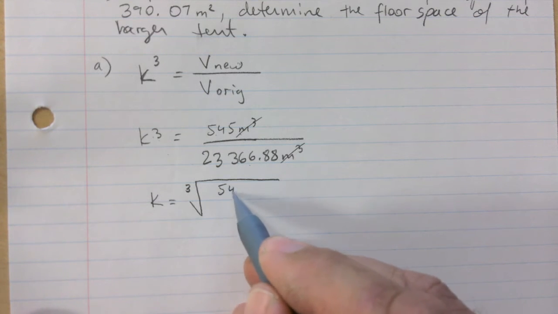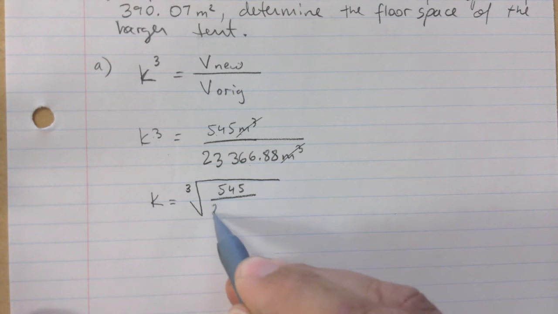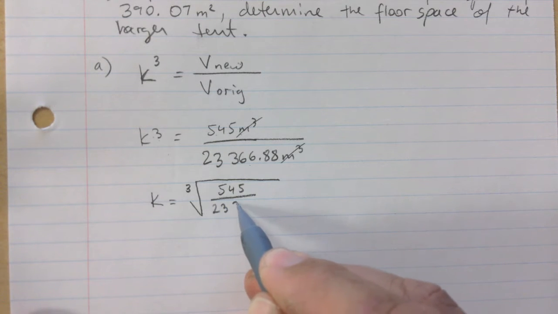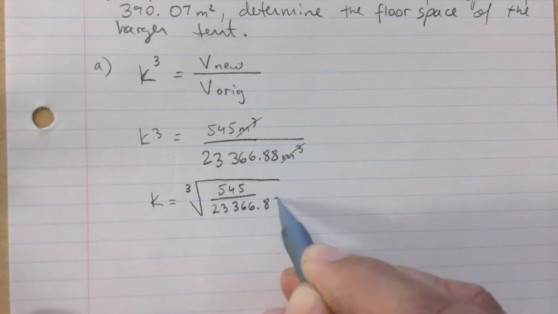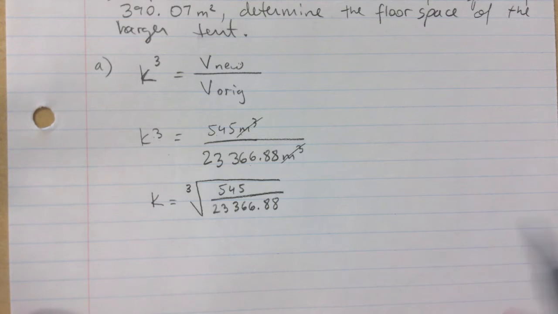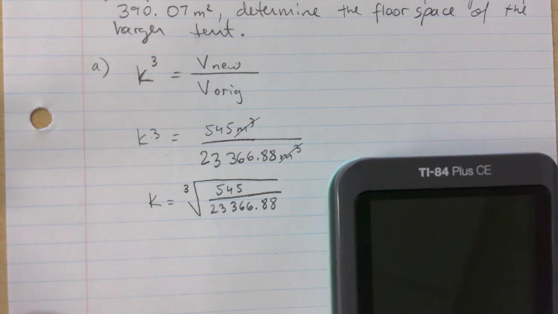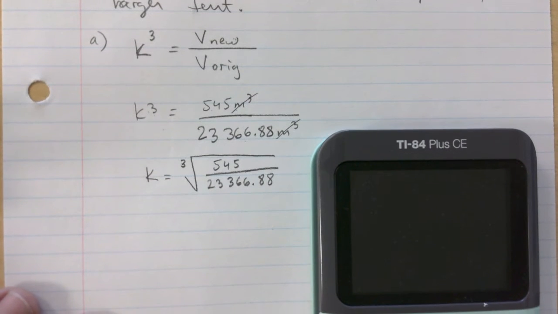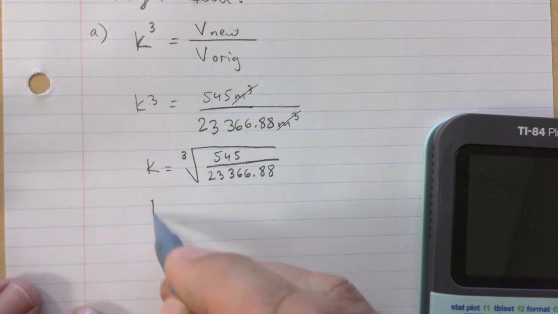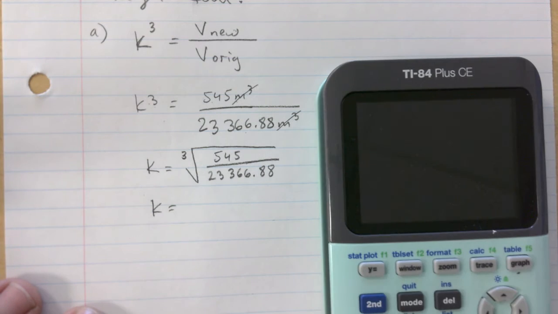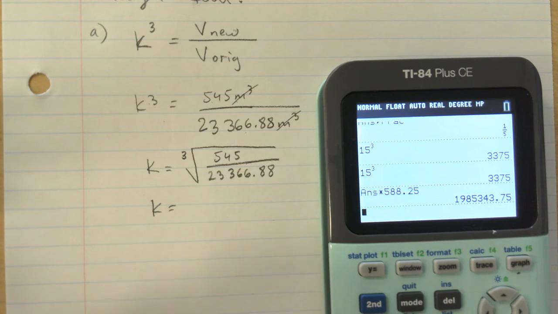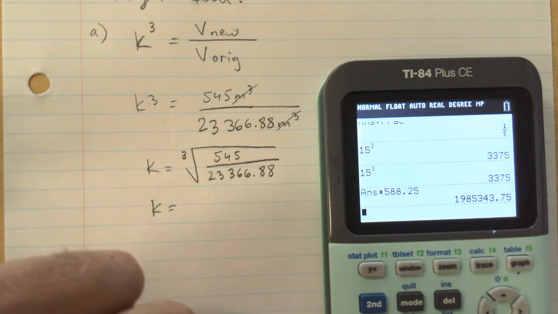So you just copy the whole thing down. I don't like you losing decimals along the way, especially with this calculator, okay? You don't have an excuse really to not use the whole thing. So watch this. Cube root, you got to go math.